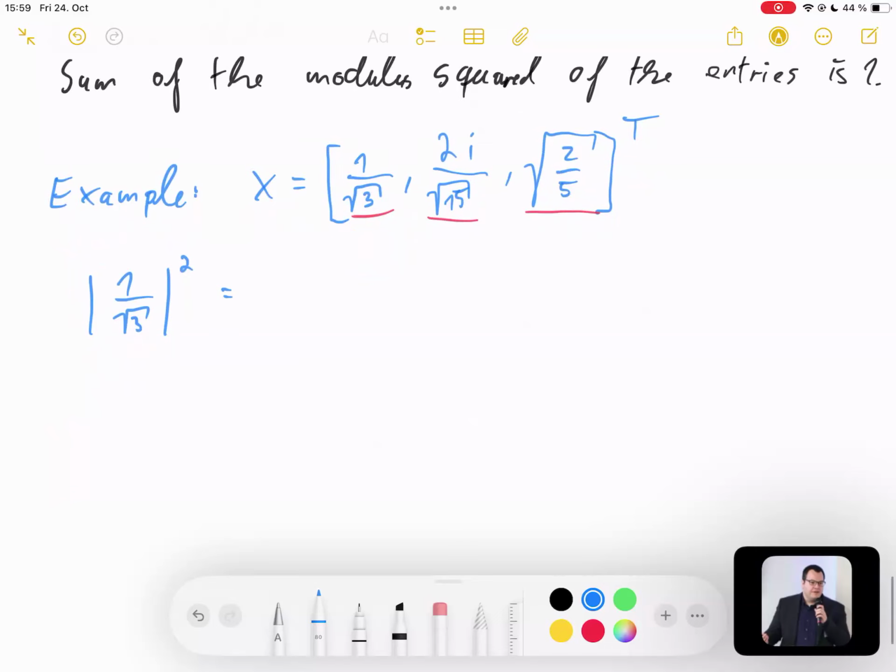So we have the first intermediary result. Then we have 2i divided by the square root of 15. I want to know what this modulus squared is, and the modulus squared of the square root of 2 divided by 5. Always assuming these are all complex numbers, even if they have only a real part. So what's the first modulus squared?